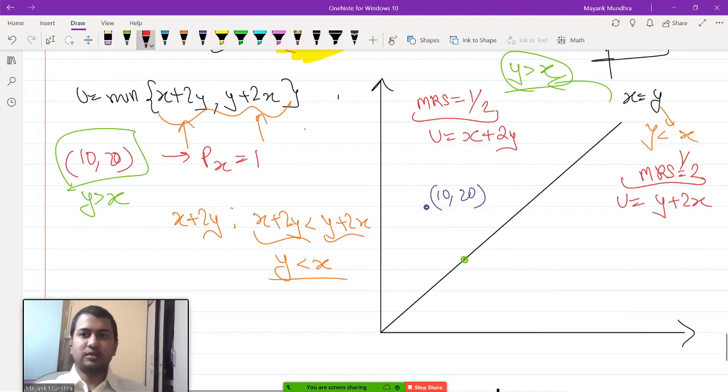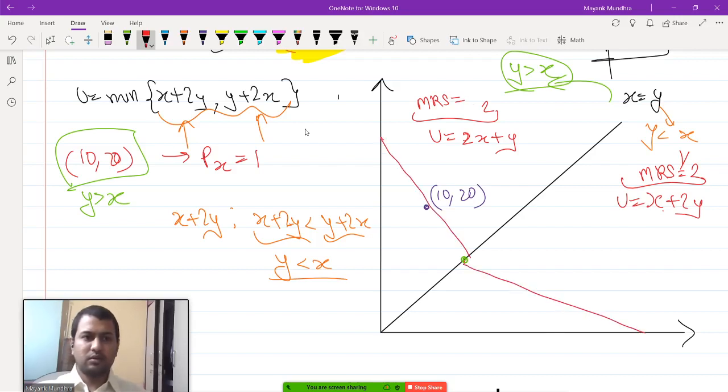Half here, 2 here and half here, right? So this should be the region for x plus 2y, and this should be 2x plus y. Okay, is this right now?